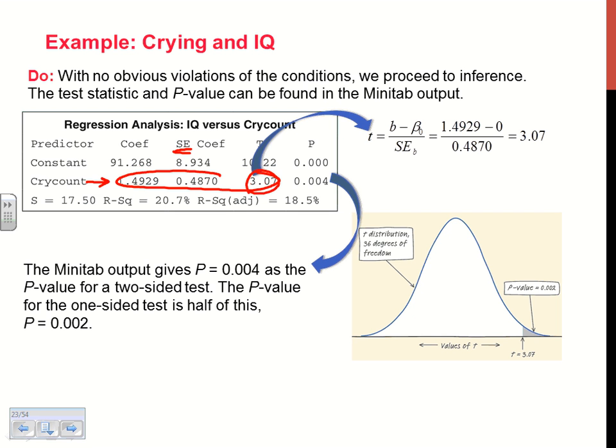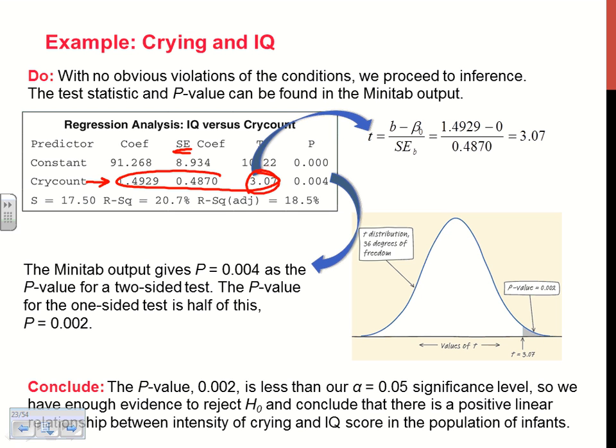All right, so the Minitab also tells us that the p-value, 0.004, is the p-value of a two-sided test. So the p-value for the one-sided test is going to be half of this. Remember, our alternative was not not equal to, so it's a one-sided test. So we have a p of 0.002.